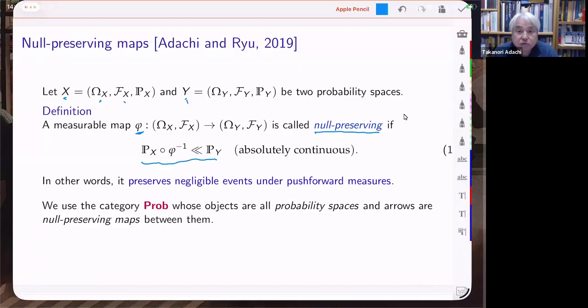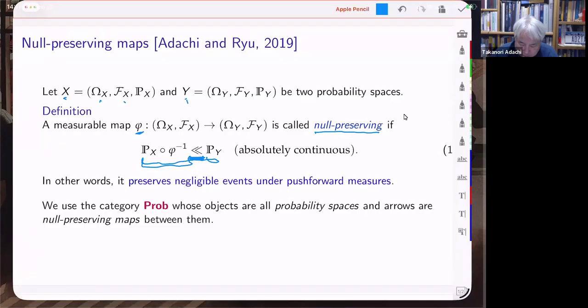This is absolute continuity, which means that if P_Y of something is 0, then this one is also 0. In other words, it preserves negligible events under push-forward measures. Also, if we have equality here, then phi is measure preserving, which is a stronger concept.